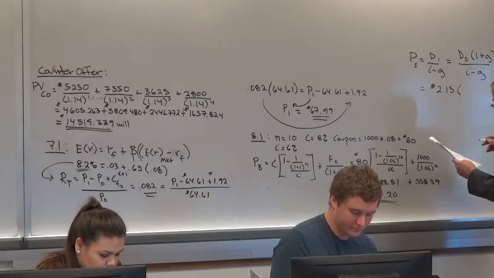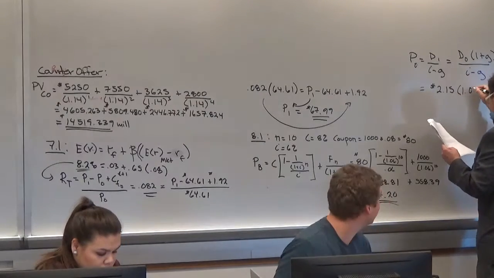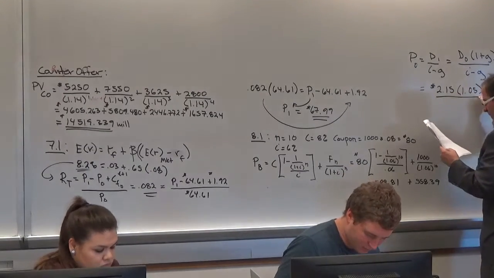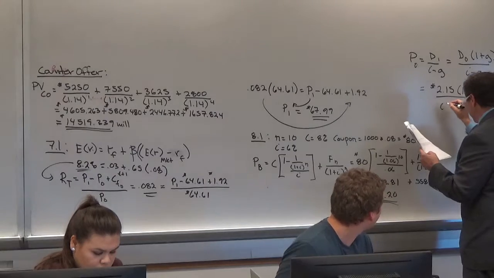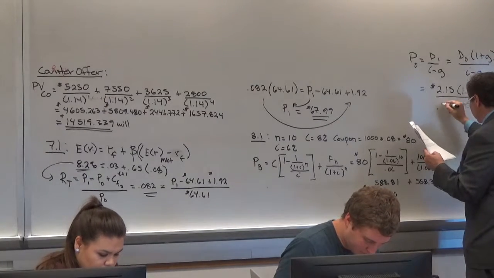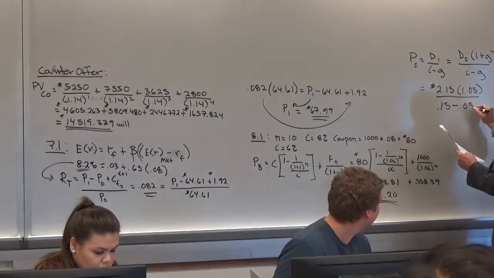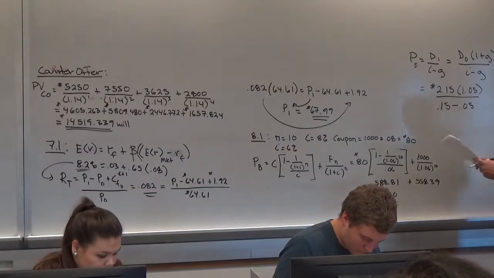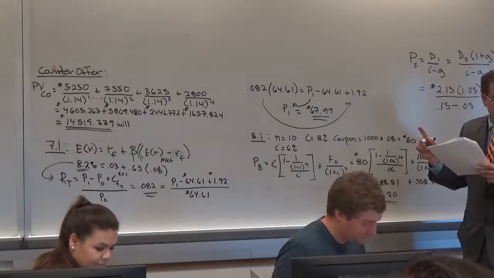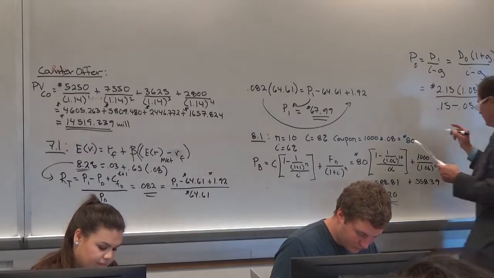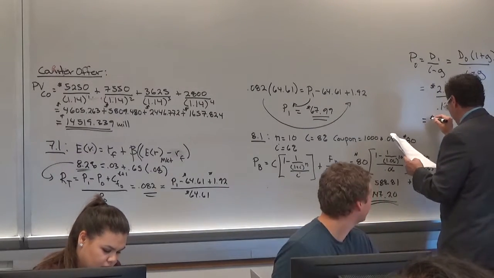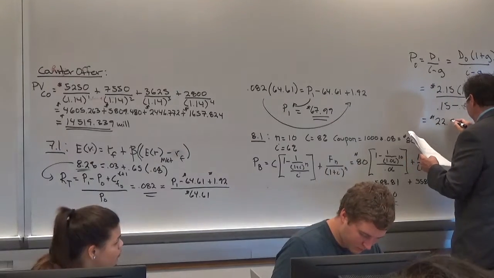We know it's going to grow at 5% forever, so we just grow it out. And we know the expected return is 15% and the constant growth rate is 5%. We just do the mathematics, do the calculations on the exam, and the stock price is going to be $22.58.